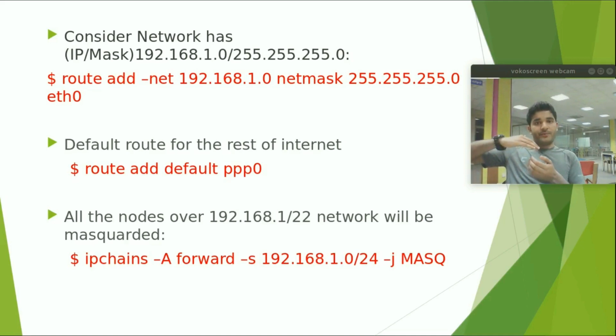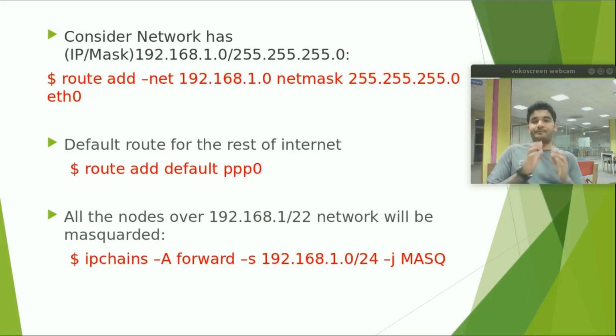The nodes are going to be masqueraded. That is our target. First of all, we are driving the internet traffic towards the 8080 device. The next step is to set a default route for the rest of the internet, and you perform the second command, route add default PPP0.